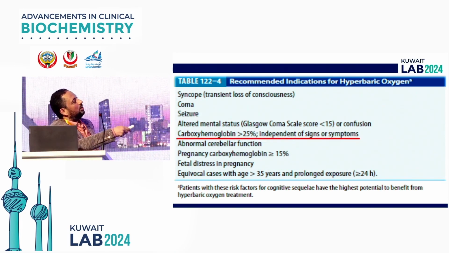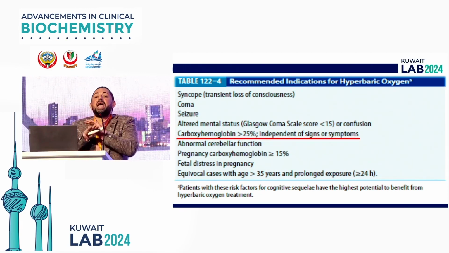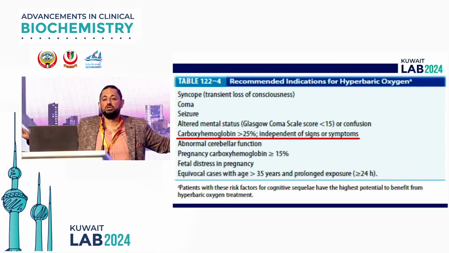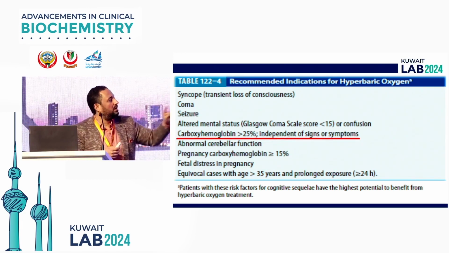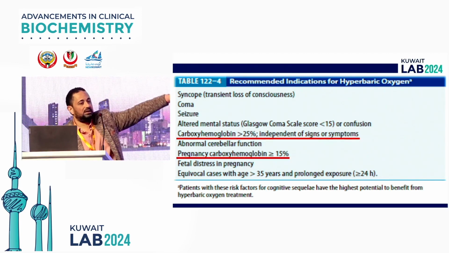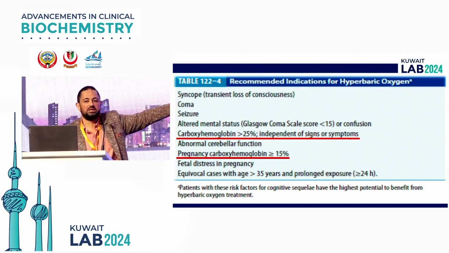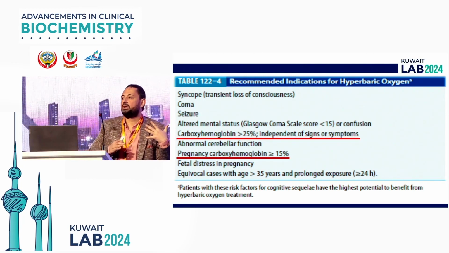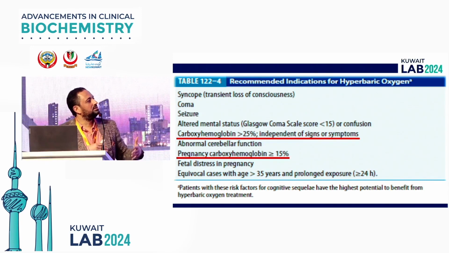Solely, we can depend on carboxyhemoglobin more than 25, even if the patient is asymptomatic. Just the level. In pregnancy, 15. Other indications are neurological manifestations like coma, convulsion, ataxia, syncope, and so on.